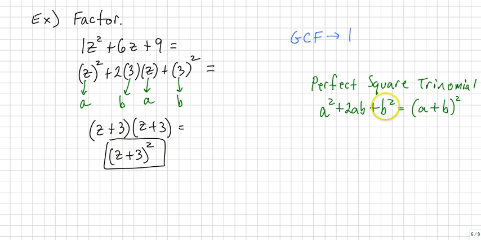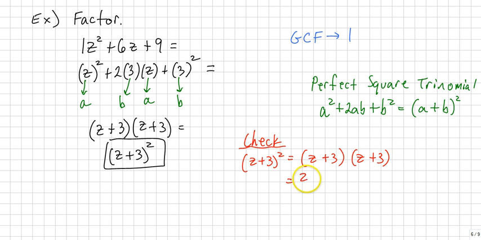So we're trying to match this pattern: something squared plus 2 times that number times something else plus that other number squared. So let's check our answer. z plus 3 squared would be z plus 3, z plus 3.